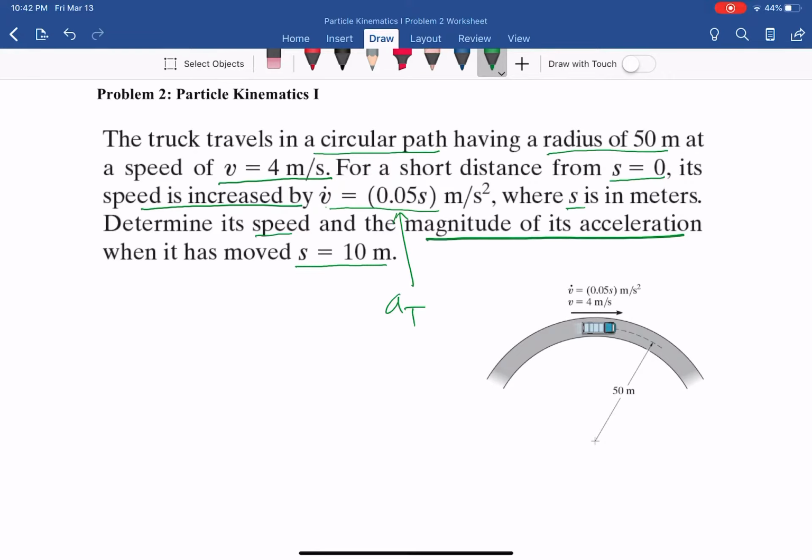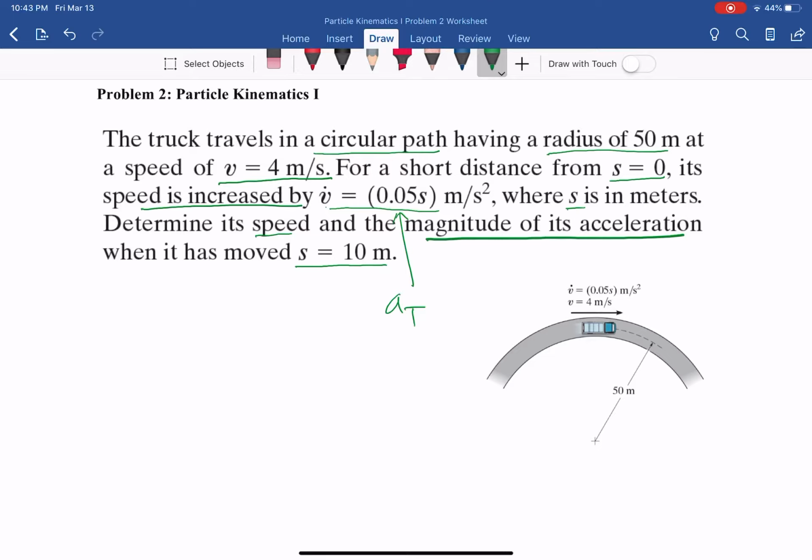So from here, you can see they give us the initial velocity, the initial distance s equals 0, the tangential component of the acceleration, and the final distance s equal to 10 meter. So we want to find out the relationship between velocity, acceleration, and distance, given the information provided in this problem.